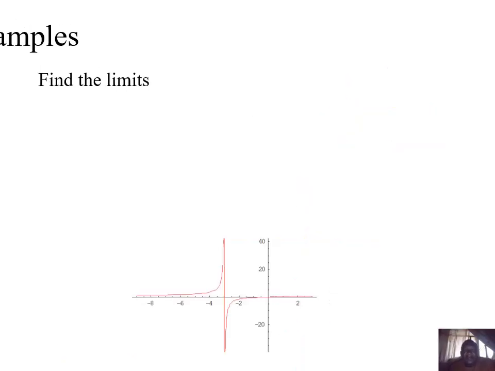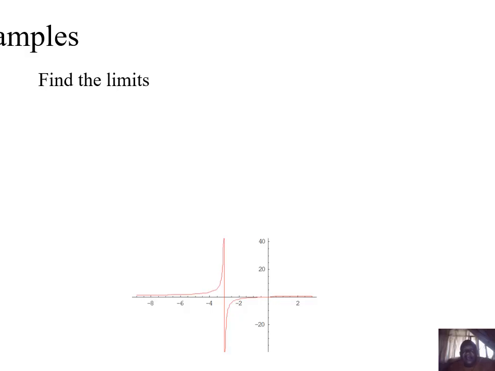So for example, find the limit of this as x tends to zero from the positive side. Again, the same approach: divide with the highest power. So if we divide here by x raised to power 2, that gives you this.